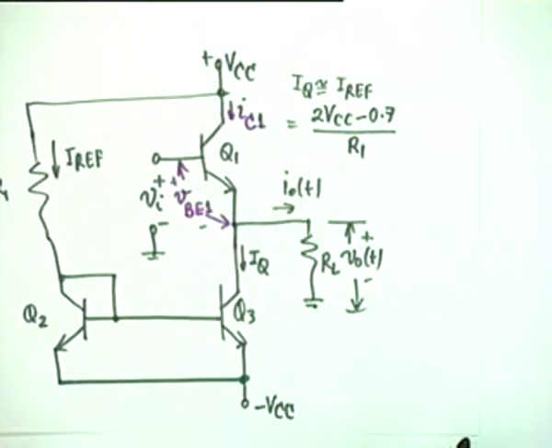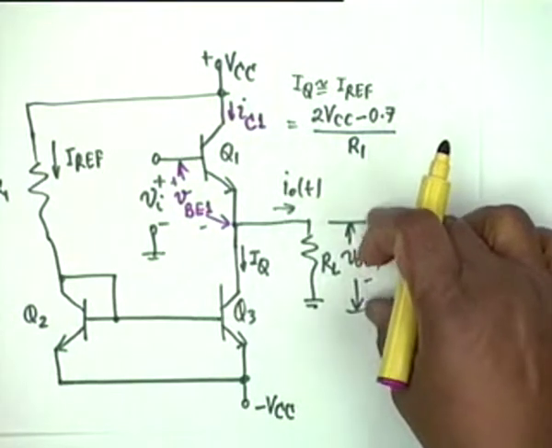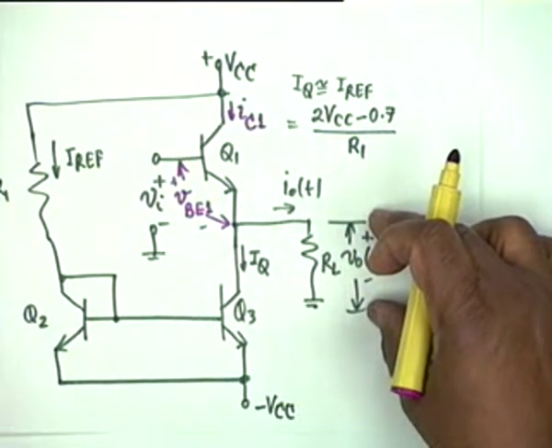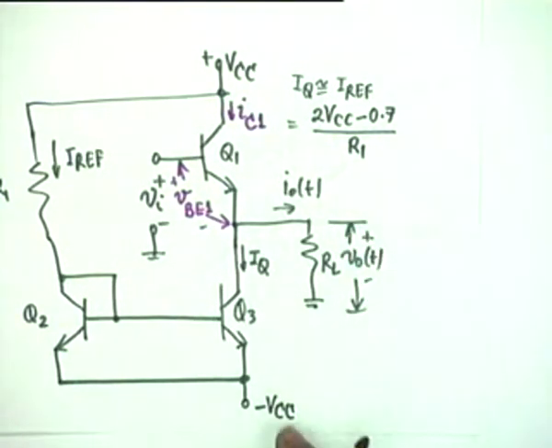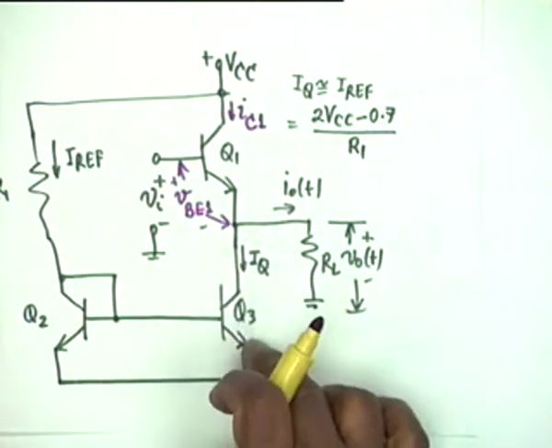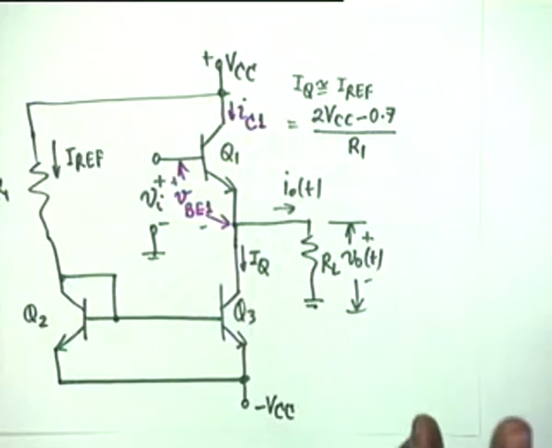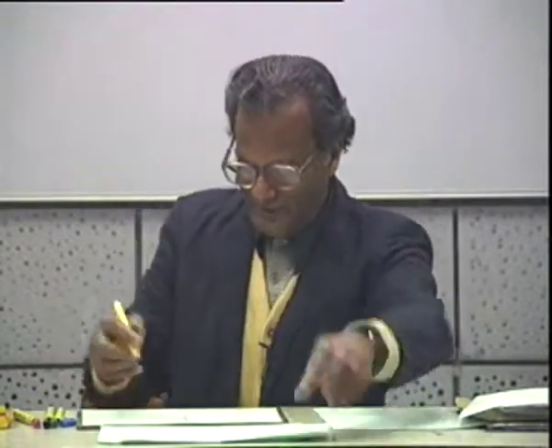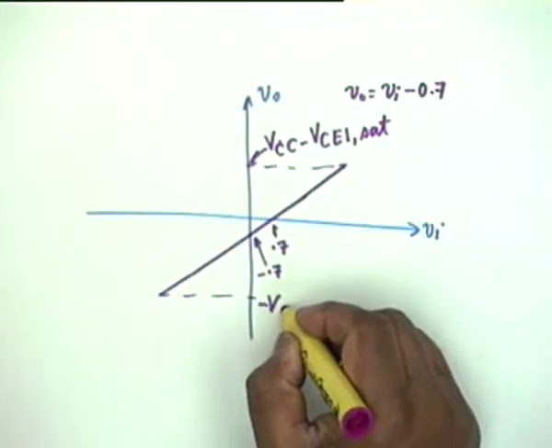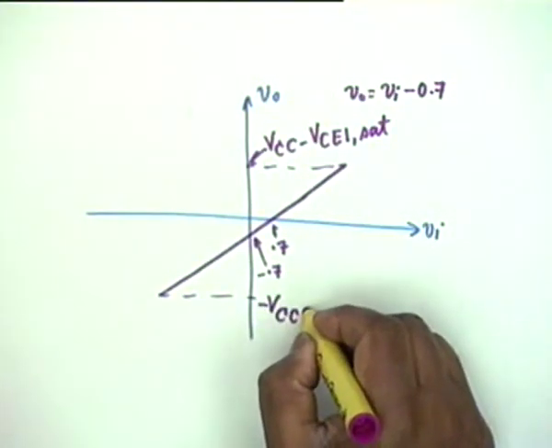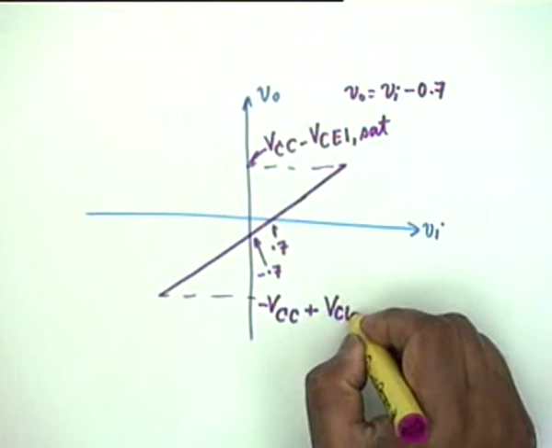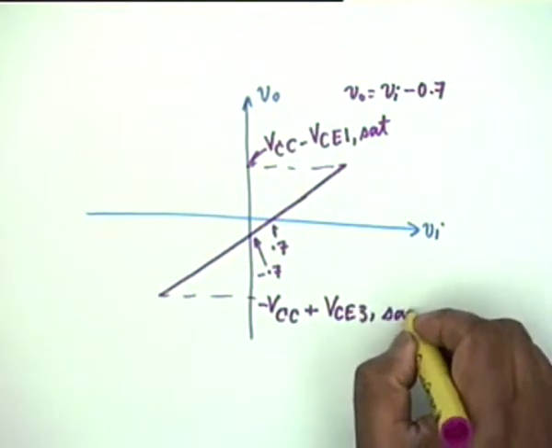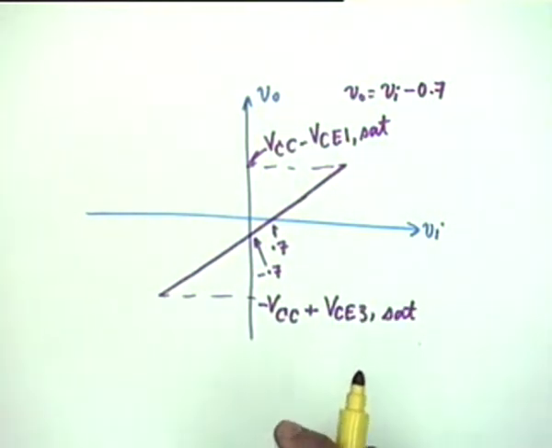On the other hand, on the negative side, when V0 is negative, the minimum value that can occur is minus VCC plus VCE3 set. Is the point clear? Okay. So we have found out what the minimum is, minus VCC plus VCE3 set.